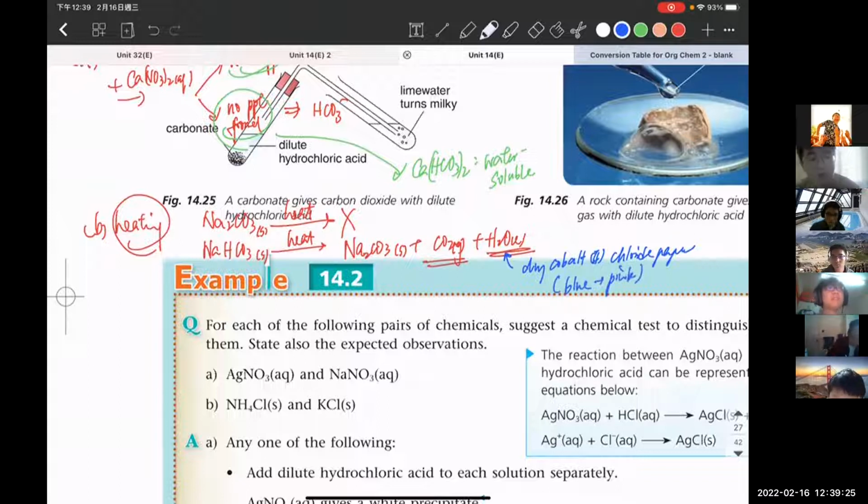Sorry, measure the weight loss. You can. But you think of the method, it is a method. But if you ask for a chemical test, your method is not a chemical test. Okay. Can you get my point of the wording? It's very difficult, but you need to be highly aware of this.